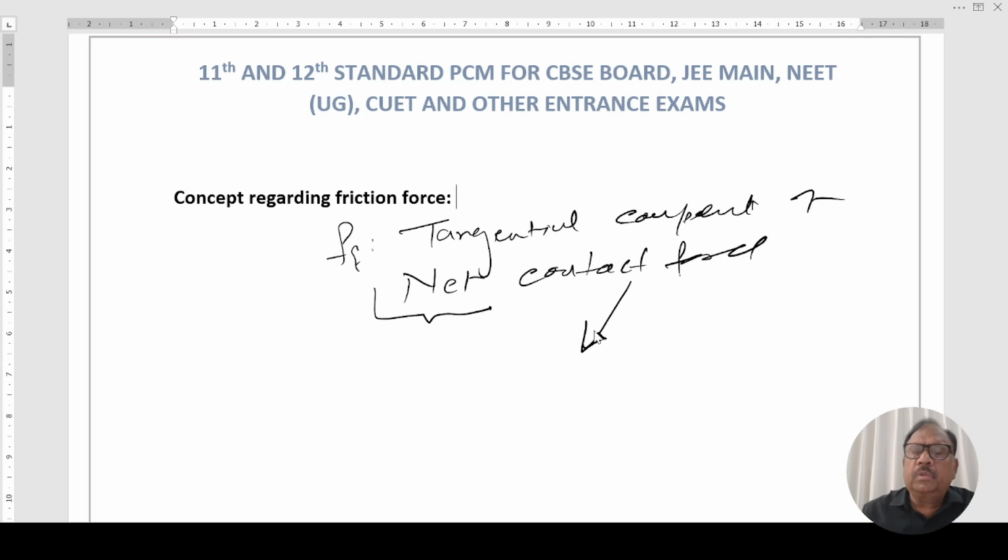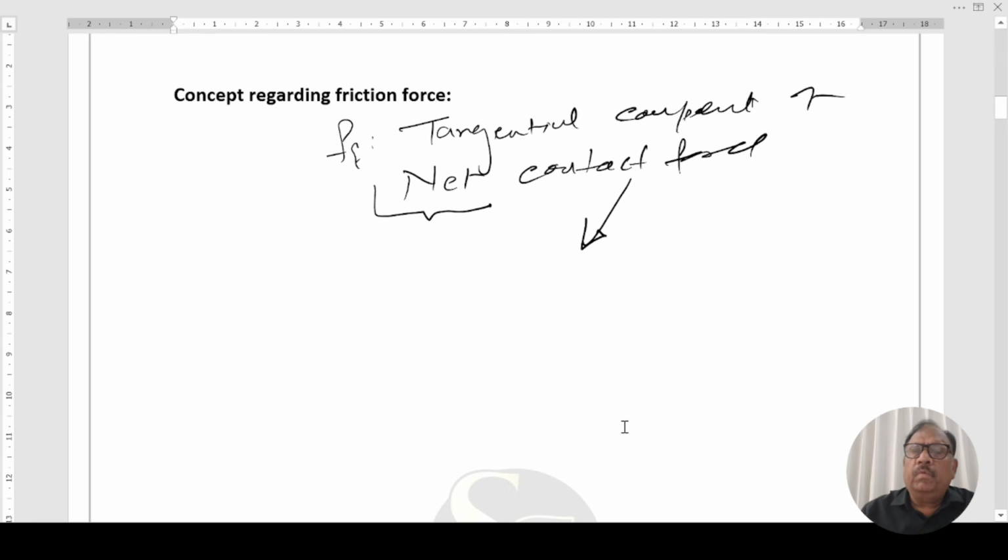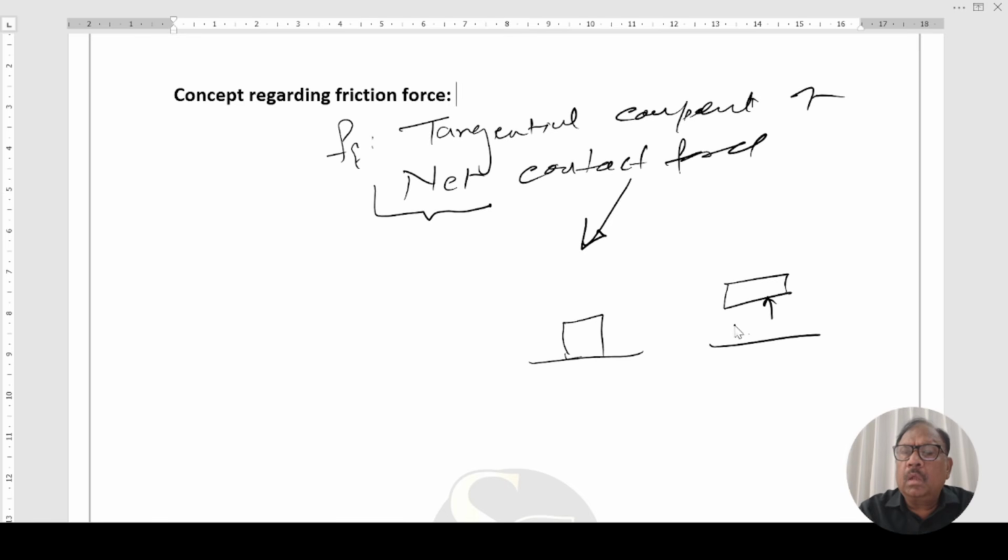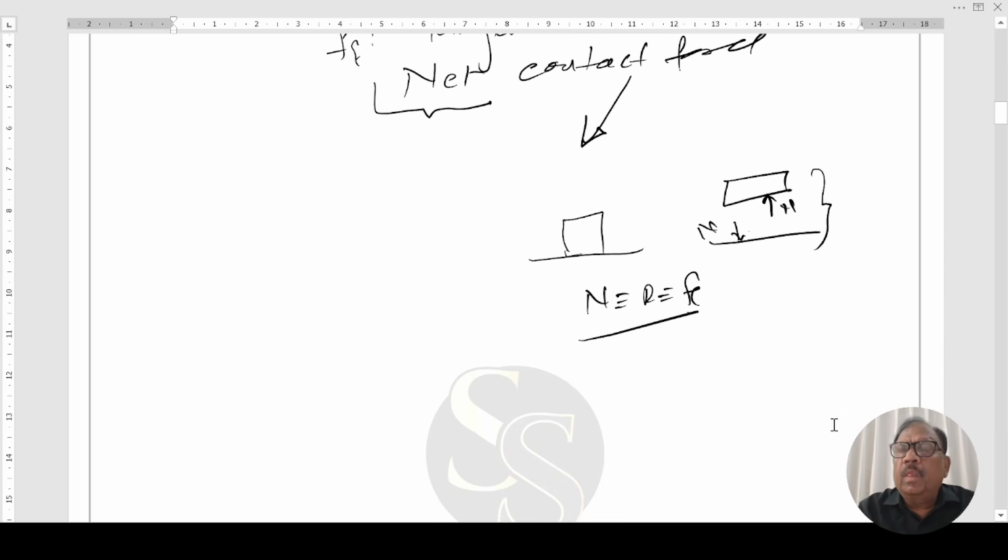What is contact force? When two bodies are in contact, then contact force comes into picture, normal or R or FC, we can denote it any way.